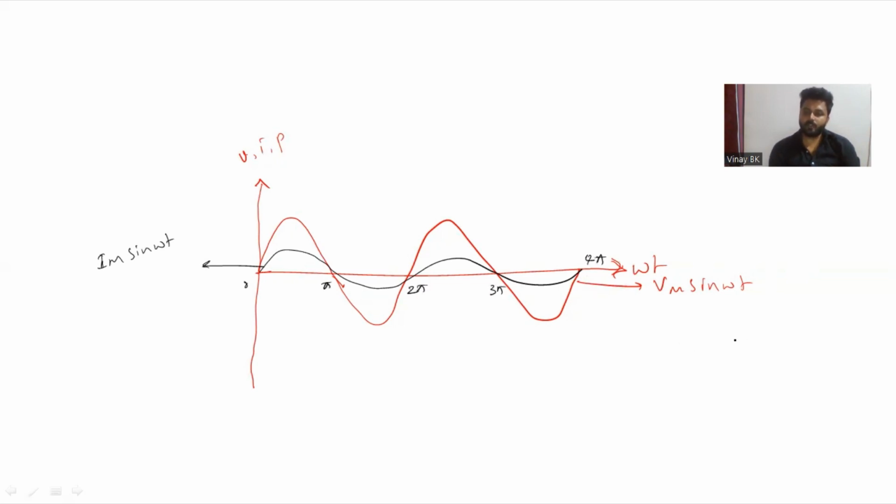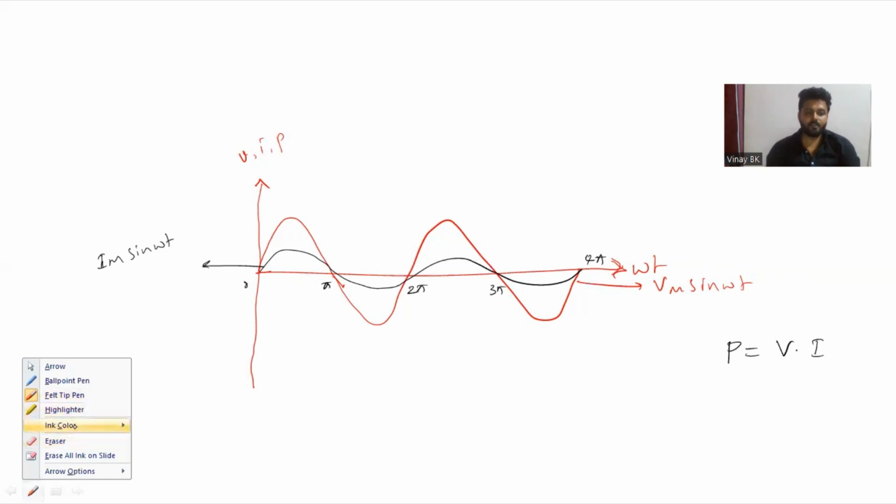To get the power waveform, we know that P is given by V into I. We don't know the values of voltage and current, but we can see the polarity of the voltage and current waveforms. During the period 0 to pi, the voltage waveform is positive and the current waveform is also positive.